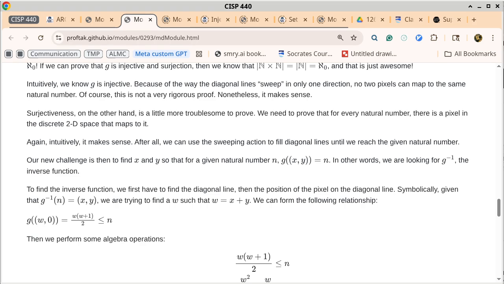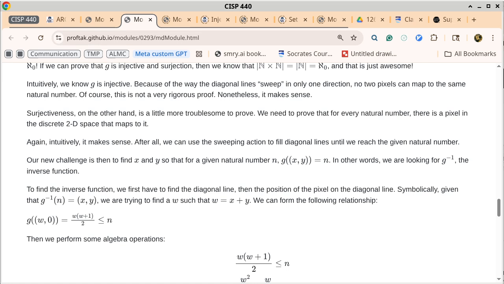And the way we get this to work is by using an inequality. So if we define w such that w is x plus y, so w is basically the ID of the diagonal line where the pixel is supposed to be.